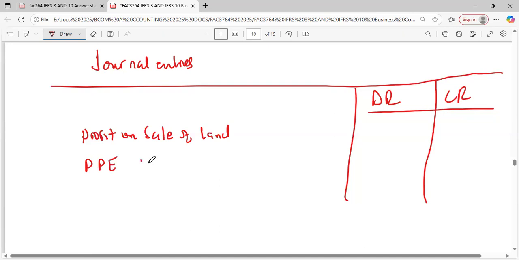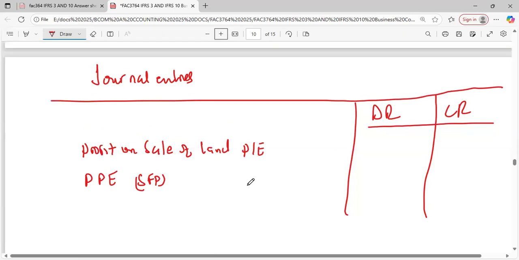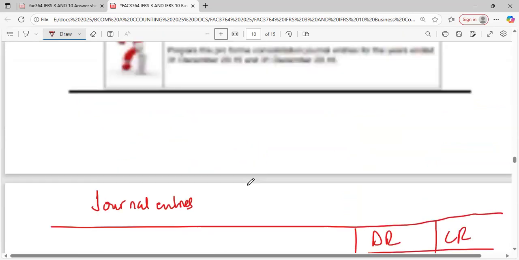So this PPE is going to be statement of financial position, then this one is going to be profit and loss of who made the profit. So that's another thing. Who made the profit? We're going to eliminate the profit of who.